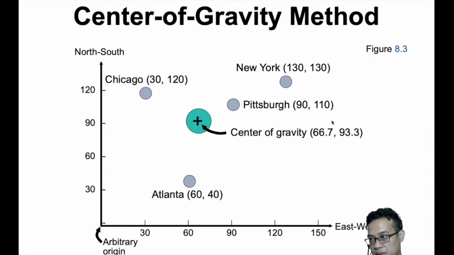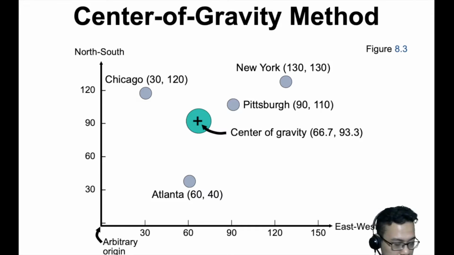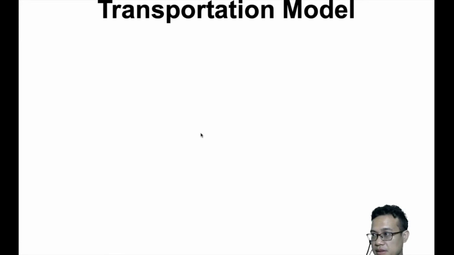If you put up a map of the United States, you can see where the center of gravity is located. It is located in Columbus, Ohio, or a nearby city, which is considered their appropriate location. So this is how you calculate the center of gravity method.